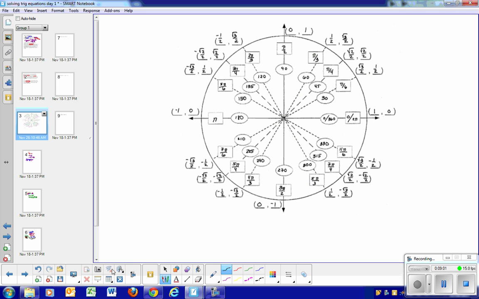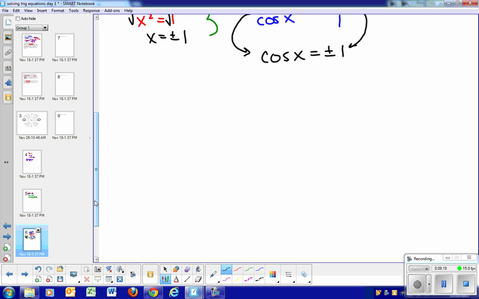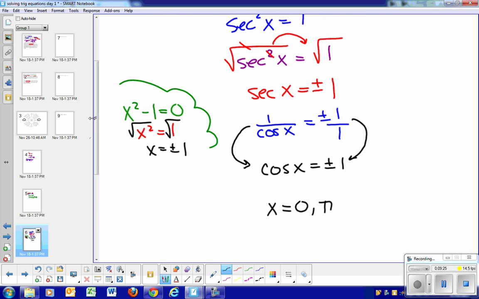Cosine is the first number on the ordered pair. So here's an ordered pair where cosine is 1. Here's an ordered pair where cosine is negative 1. So I'm going to go back to my question and say that the 2 values of x are 0 and pi. The 2 places where cosine is equal to 1 or negative 1 are 0 and pi.